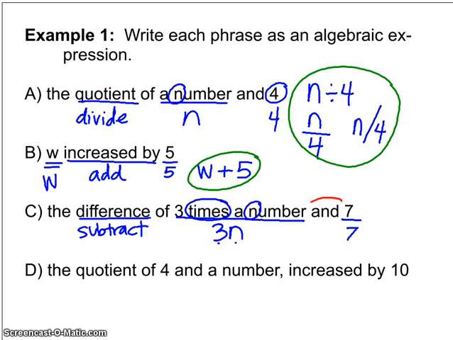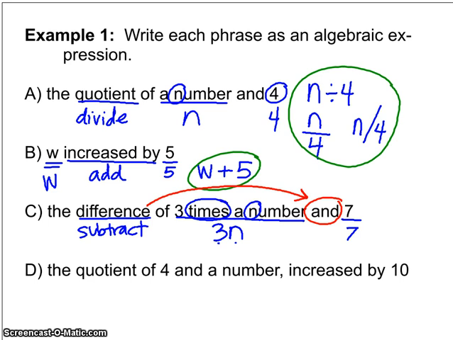Now, and is kind of a crucial separation here, okay? We're finding the difference of 3 times a number and 7. Typically, when you see that word and, it allows you to think that this subtraction sign should be inserted in that position, okay?